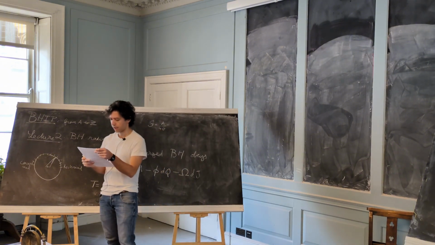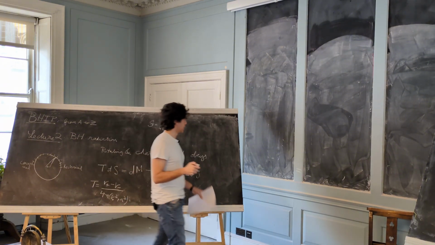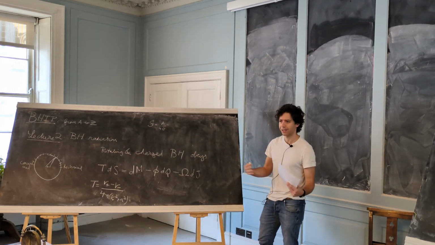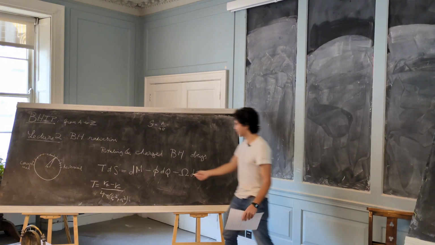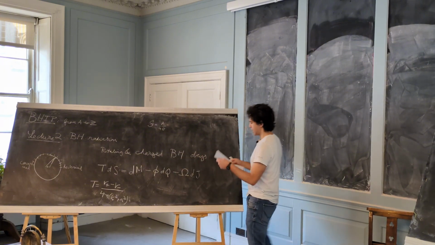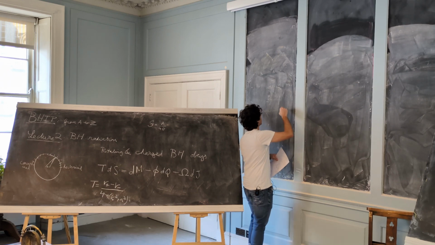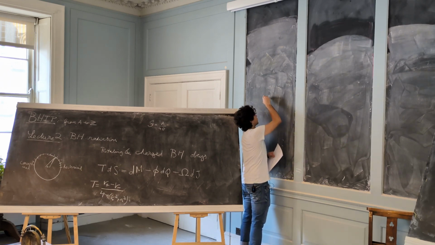So I'm going to remind you of that again. And I'm going to do the example of the Schwarzschild black hole so that we don't have to deal with all of the complications of a charged and rotating black hole. So remember, I wrote down the Schwarzschild metric.